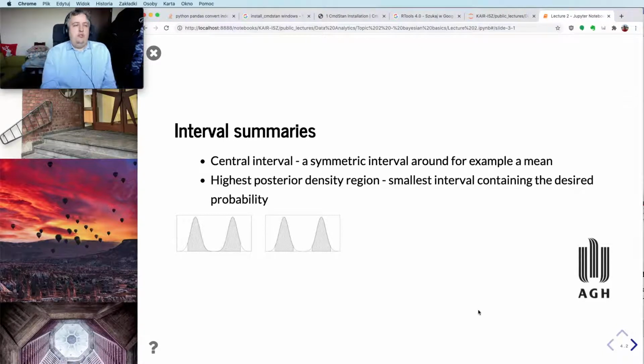You can, again, compute that numerically. The problem with those intervals is that if the distribution is not unimodal, and is more complicated, like here, you can have a situation where such an interval is too wide because it does not represent these issues.